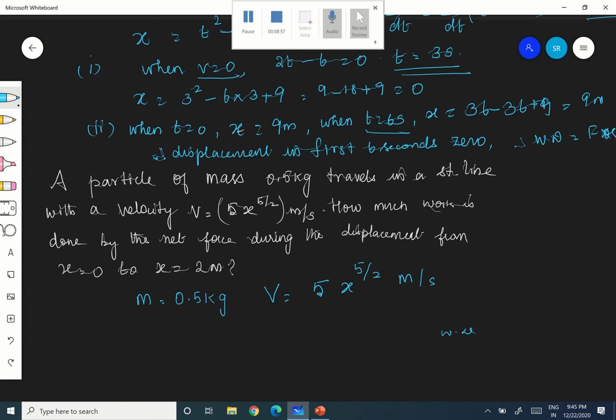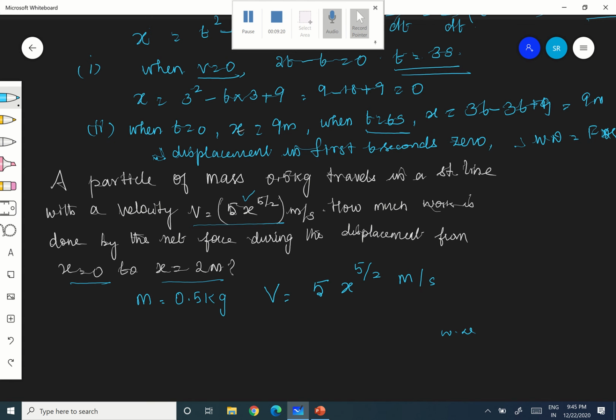The particle of this mass travels in a straight line with the velocity v equal to this one. Therefore, v changes with the distance. When x equal to 0, what is the velocity? When x equal to 2 meter, when it covers 2 meter, what is the velocity? Because velocity changes with the distance.